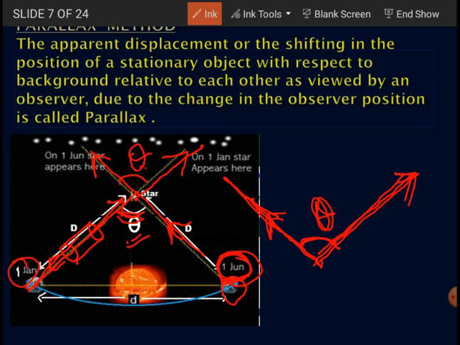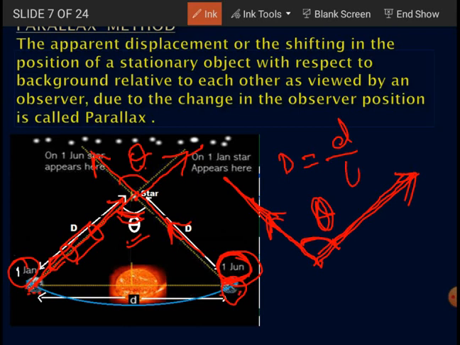So likewise, if you know this parallactic angle, then what happens? Your capital D can be expressed in terms of the distance between the two diametrically opposite positions of the Earth, which is equal to small d. We call this the basis.